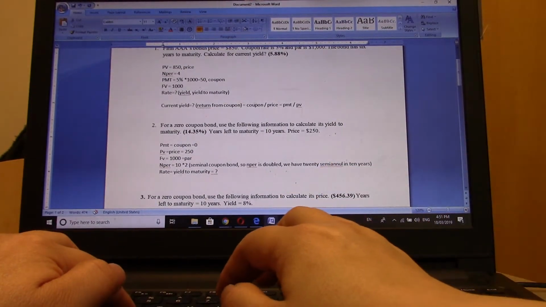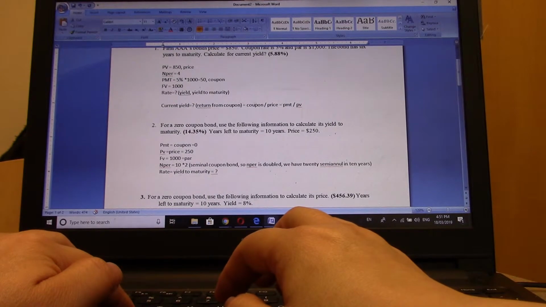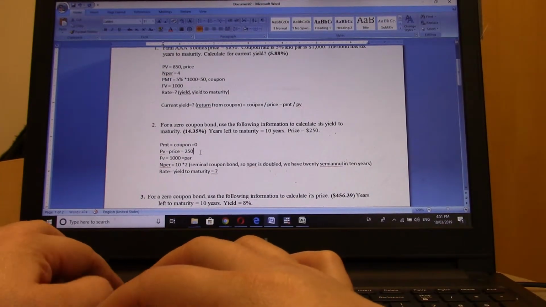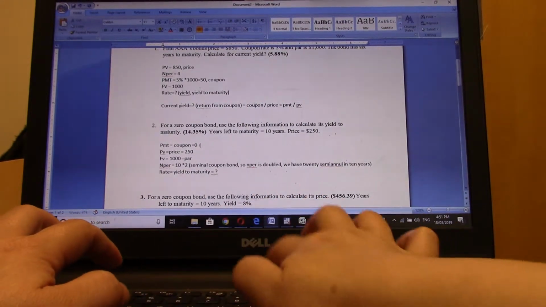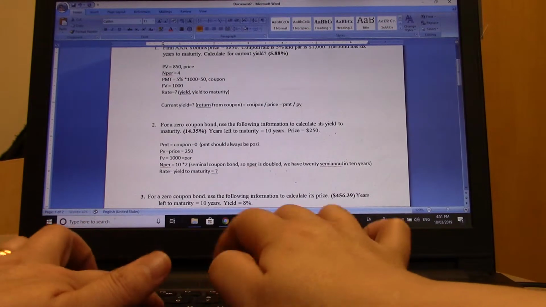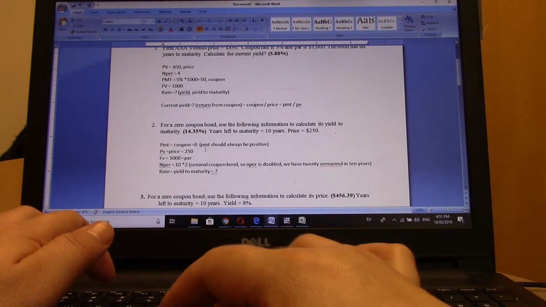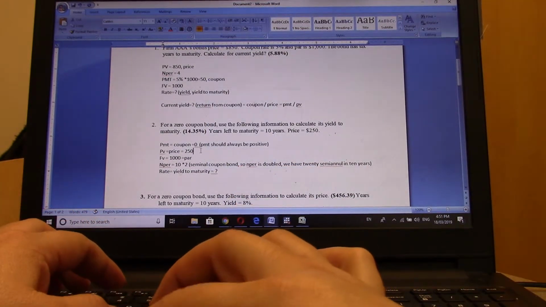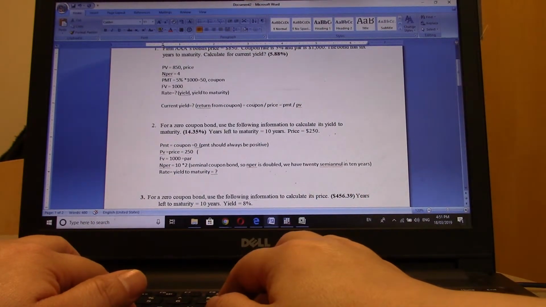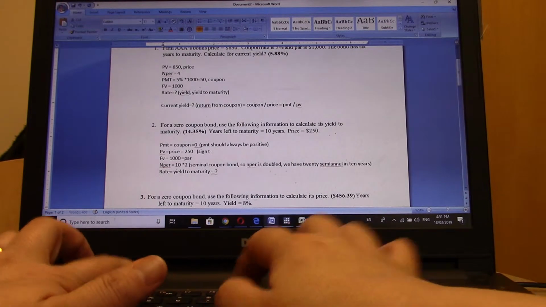So you see, you have the inputs. But however, for a bond, PMT should always be positive. The sign has to be positive. Price, because this is the price you paid to purchase this bond, the sign should be negative.